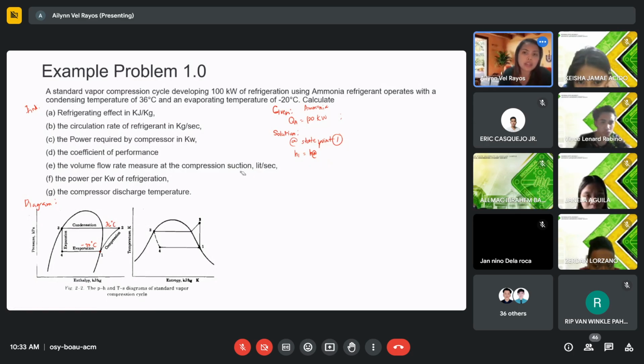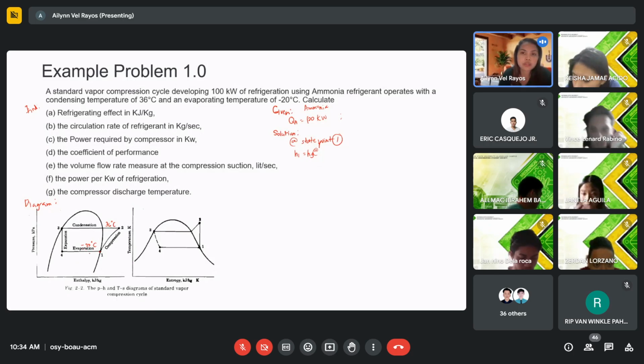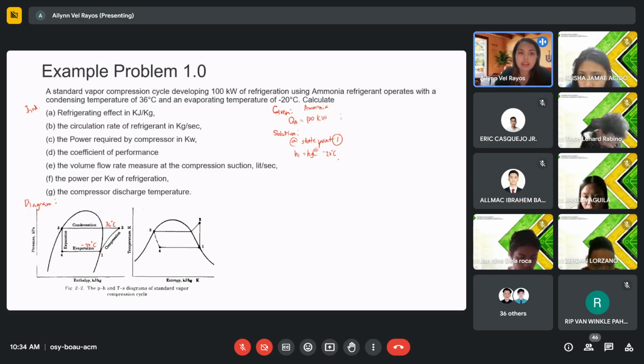What is the known property at that point? If we look at a table, only one property may be known, but if we look at a chart, we need two. In this case, we use the table, so one is enough: negative 20 degrees Celsius, or T evap, also called the P evap.